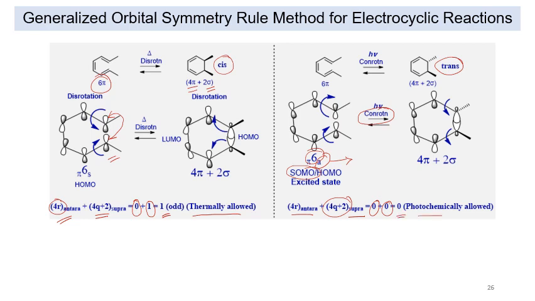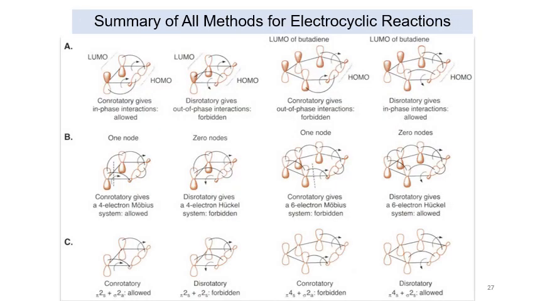Therefore, this will be photochemically allowed. In the conrotation for the hexatriene system, the cyclization will be allowed only photochemically. The reverse is true for the ring opening.